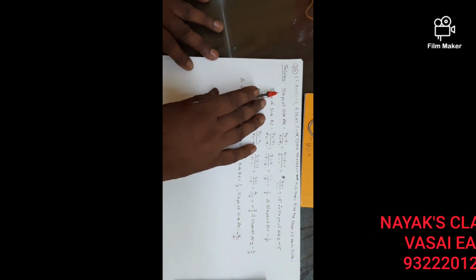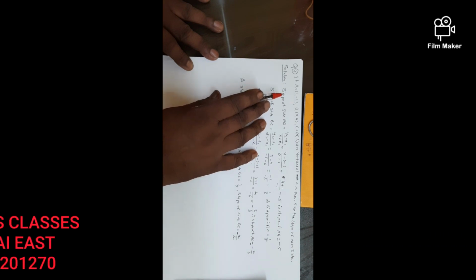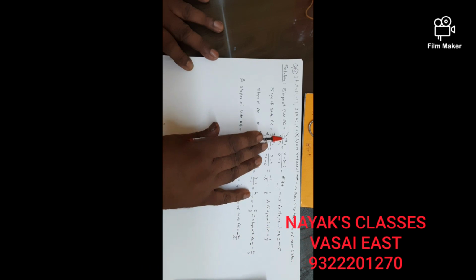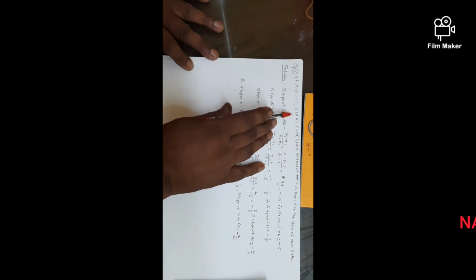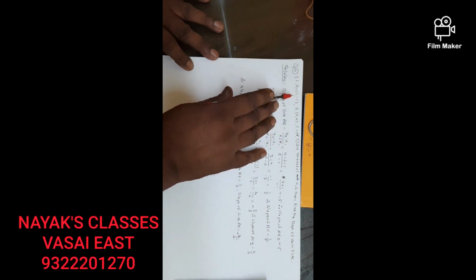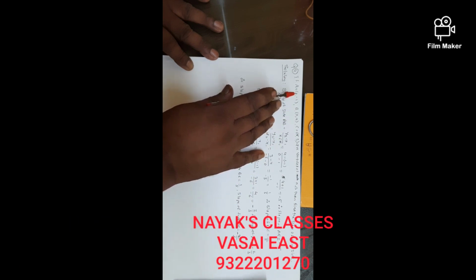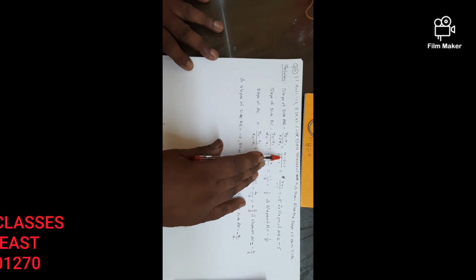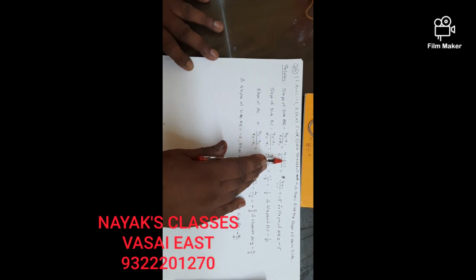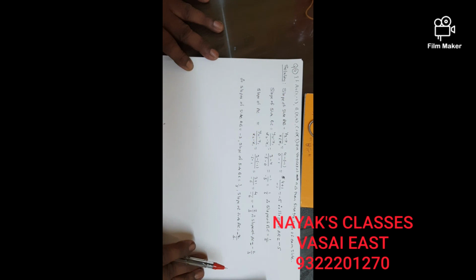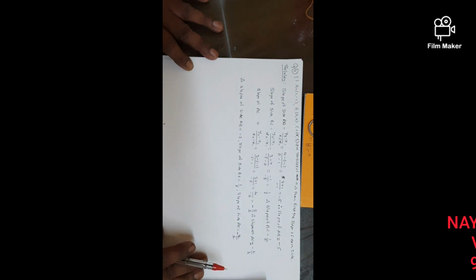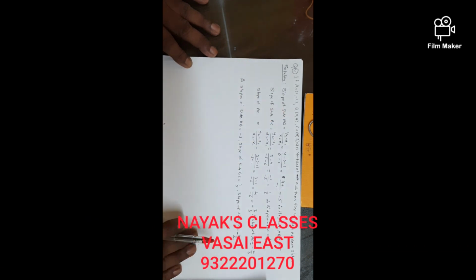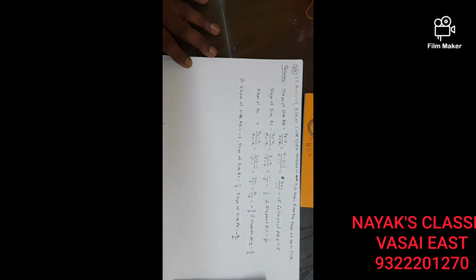Nothing difficult. We know the slope formula. Slope of side AB is equal to, the coordinates of B will become x2, y2 and coordinates of A will become x1, y1. So y2 is 4 and minus y1 is minus 1. So it is 4 minus minus 1 upon x2 is 0 and x1 is 1.